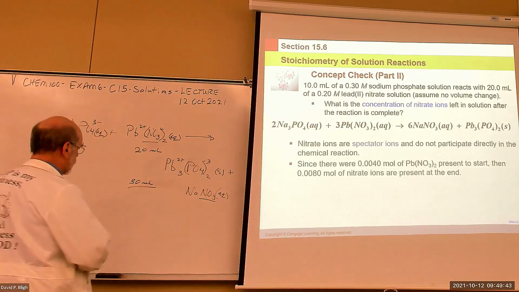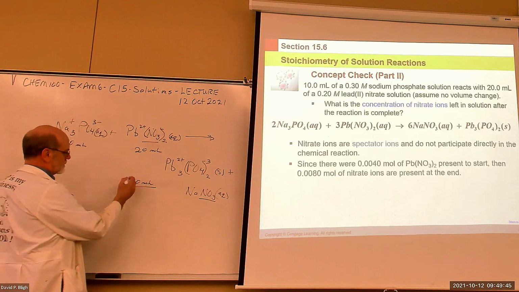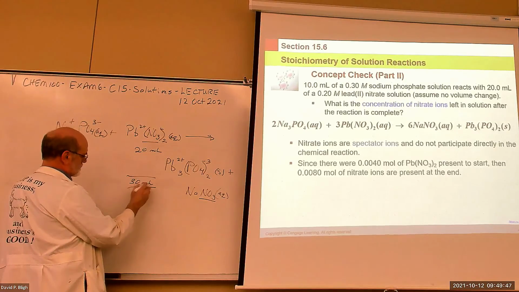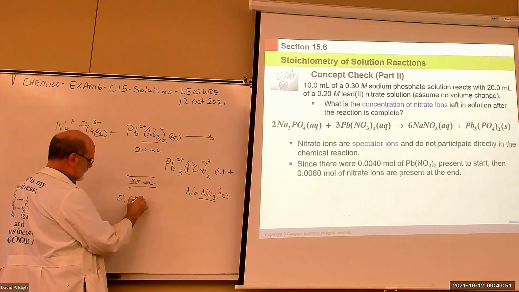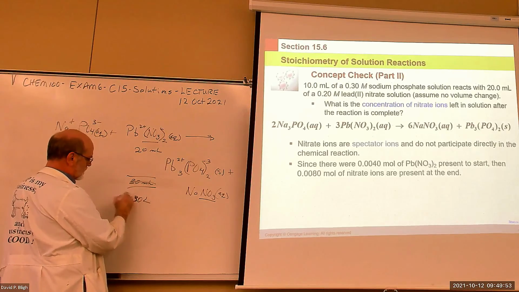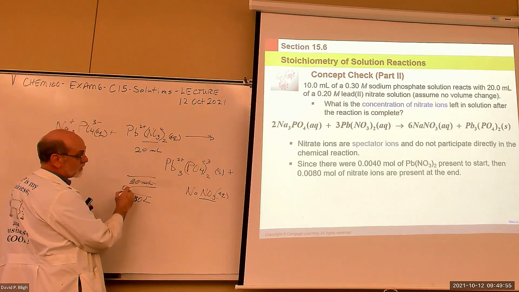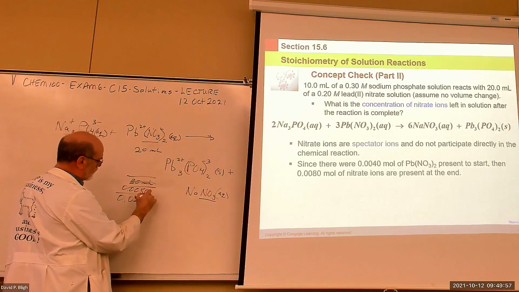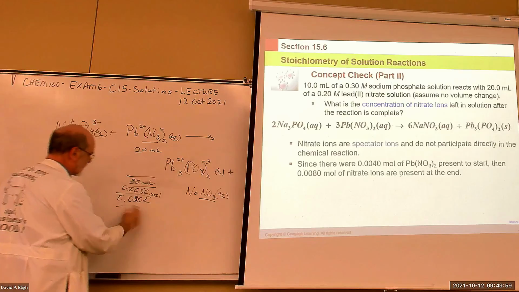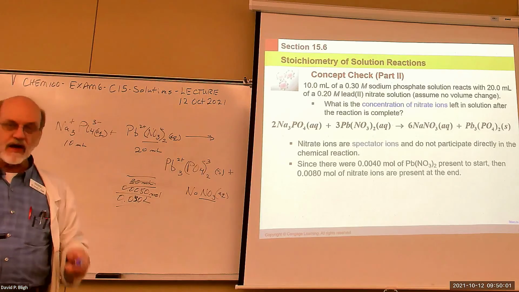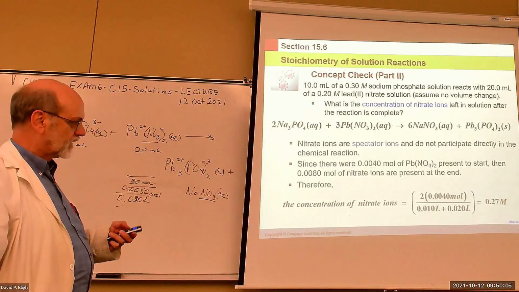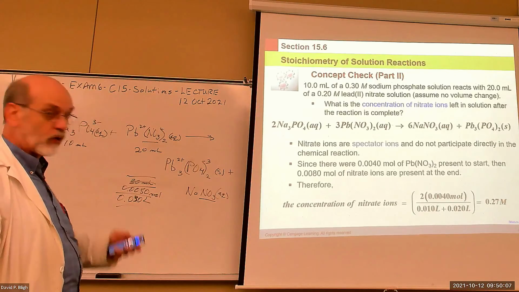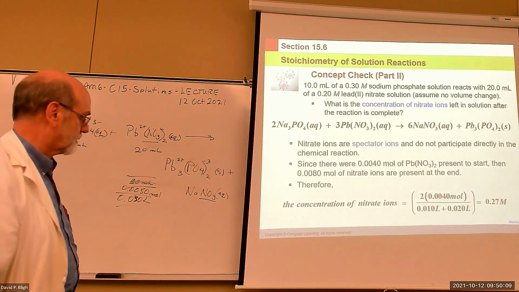Now that's 80 moles. Actually, 0.030 liters. And then 0.0080 moles of nitrate. And that will give us the concentration of nitrate. 8.27 molar of nitrate.